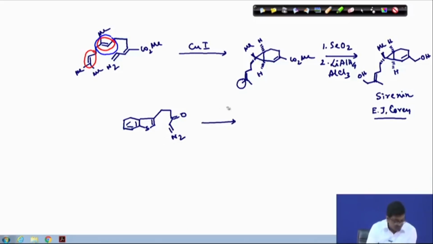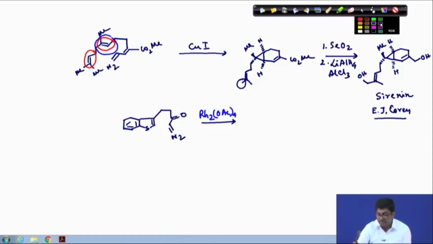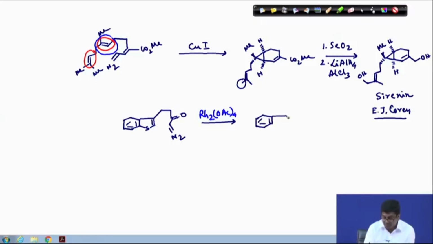Here, what it will give in presence of rhodium complex, okay, that will give this product.